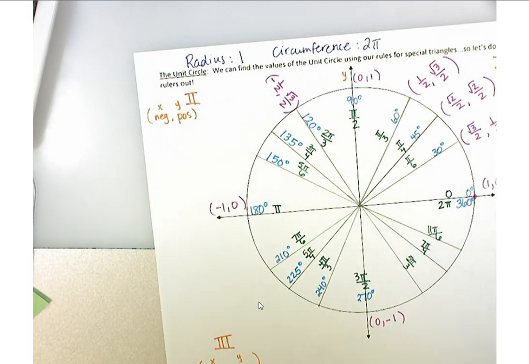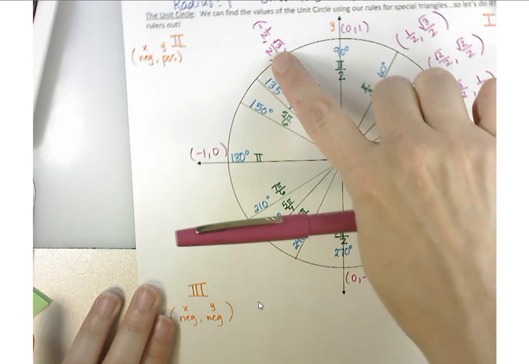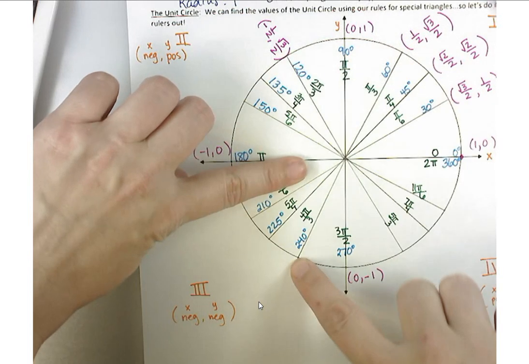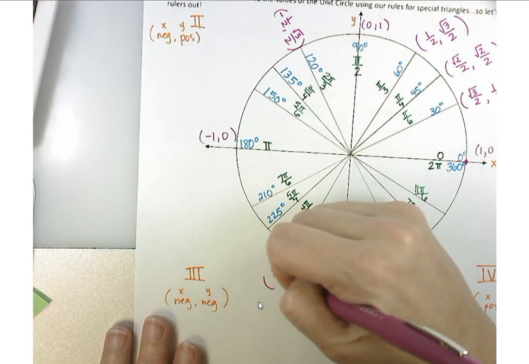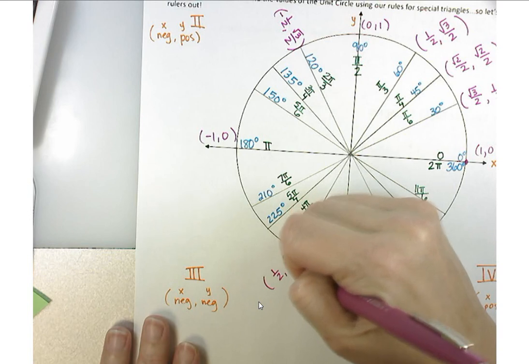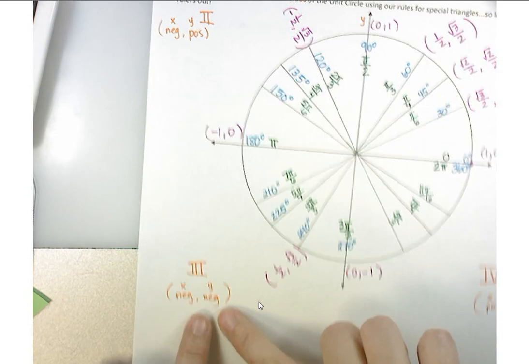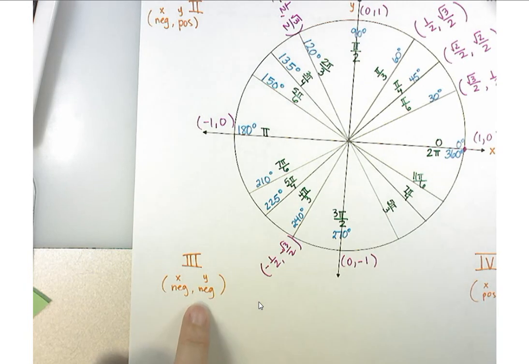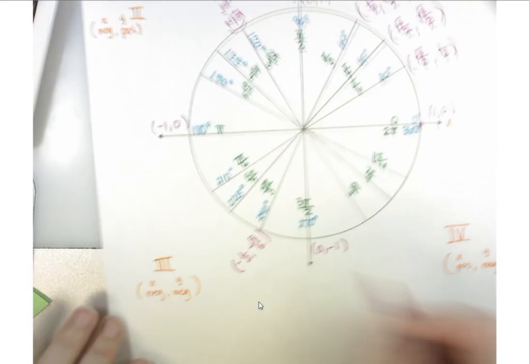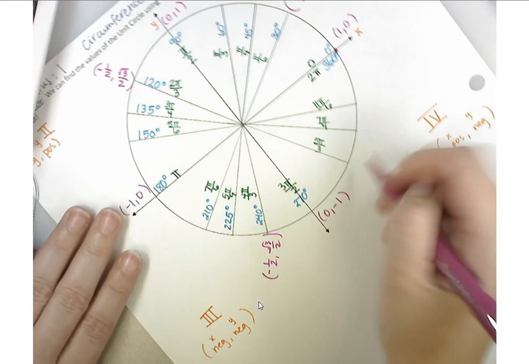I'll do the same reflection. So if I do a reflection now over x, I'm here at 240. So again, my point is 1/2, root 3 over 2. But now I'm in the third quadrant where both points are negative, so I'm going to make both of them negative. And then I'm going to reflect again.